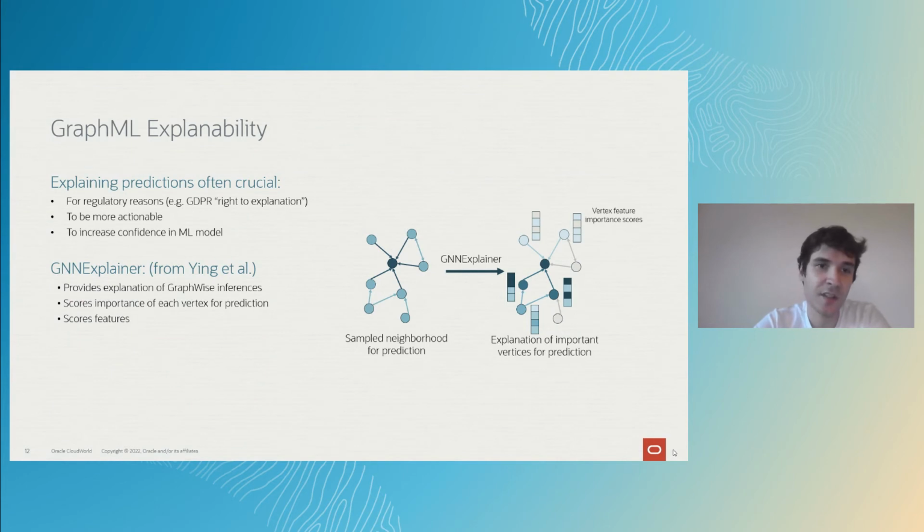So what it does is that it can assign scores to the different vertices in the sampled subgraphs. If the score is 0, it means that if the vertex was not sampled, it wouldn't have changed the prediction. But if it goes to 1, it means it was critical to the explanation.